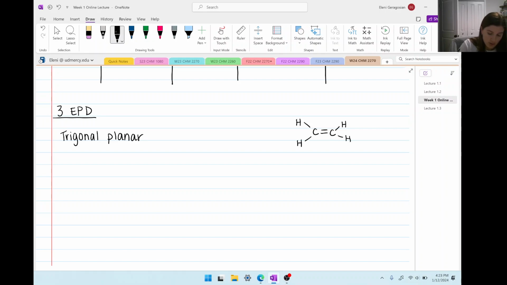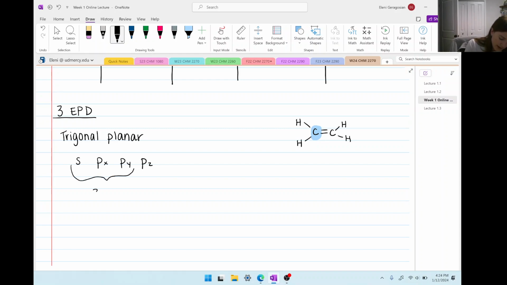So this molecule, the carbon here, has a double bond, which counts as 1 electron pair domain, and 2 single bonds, so a total of 3 electron pair domains. And for an atom that has 3 electron pair domains, if we're listing out atomic orbitals, it will hybridize only 3 atomic orbitals.